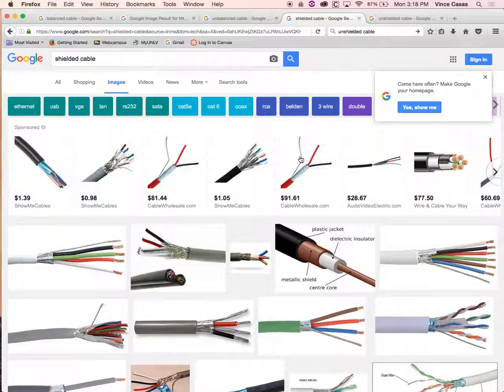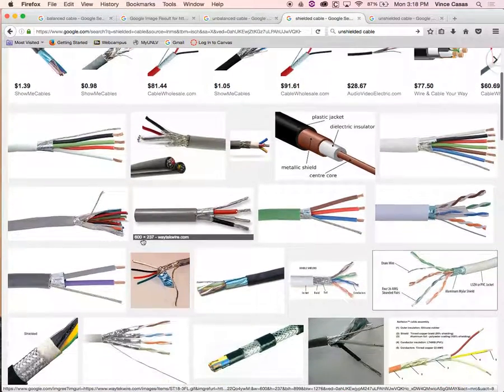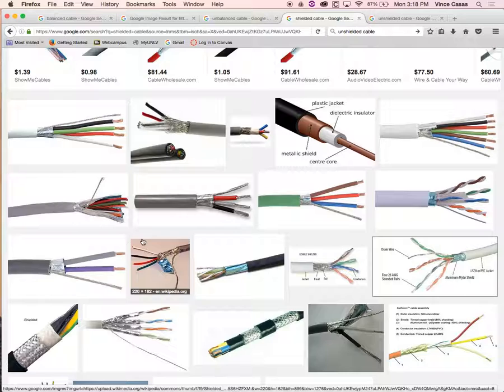Shielded cable has several different types. I don't know if, oh yeah, they do show some of them here. Certain cables are set up and designed for more powerful specifications.